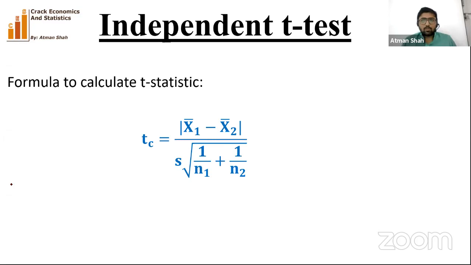This is the formula to calculate the sample statistic. X1 bar is the sample mean of the first sample or first group.